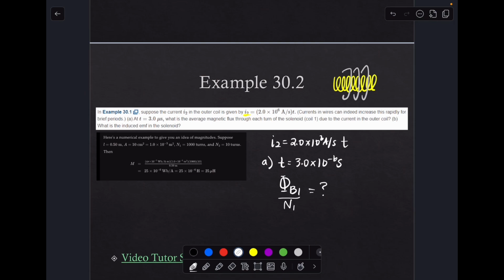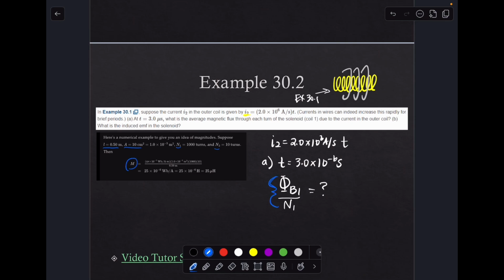So we are also given, which isn't stated in the problem, in this scenario from example 30.1, some dimensions, right? We're given the length of coil 1, the cross-sectional area, and the number of turns. And we need that information in order to find what M is so that we can find out what this is.